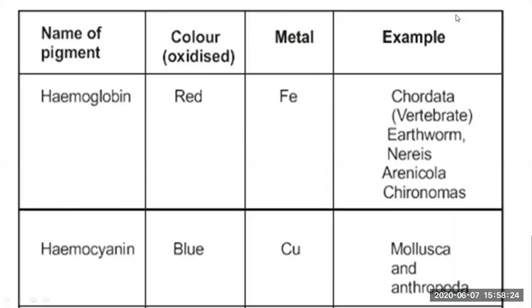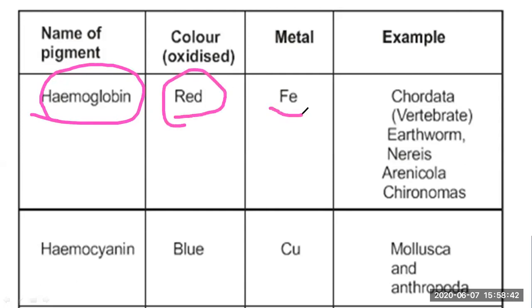Next you can see they have given in tabular form the different pigments, their role, their examples, and which metals they have. First hemoglobin; we will discuss the details of hemoglobin in the next class. Hemoglobin is an iron containing pigment, red in color, because when oxidation takes place, it gives the red color.